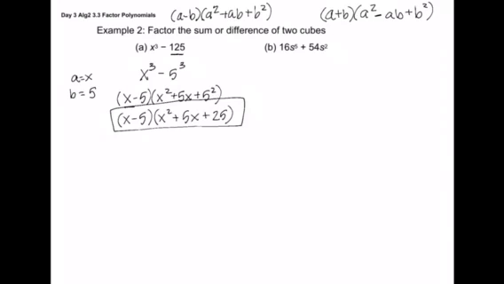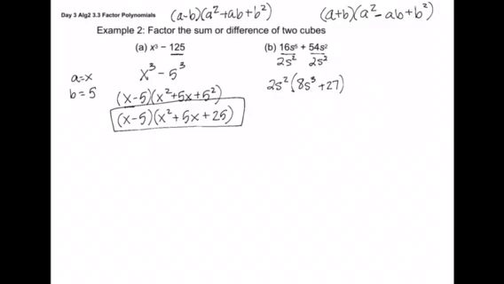Looking at example B, I recognize that these both can be divided by 2s squared. So they aren't perfect cubes at this point, but when I divide or factor out a 2s squared, I'm left with 8s cubed plus 27.